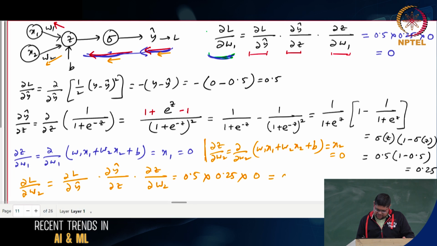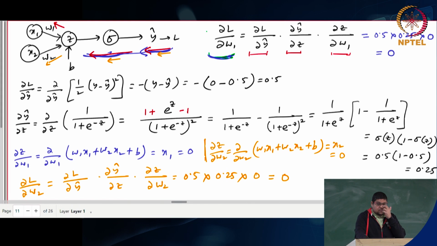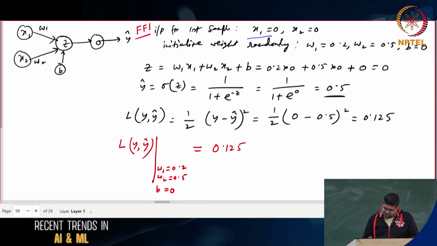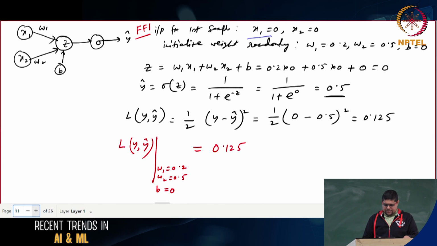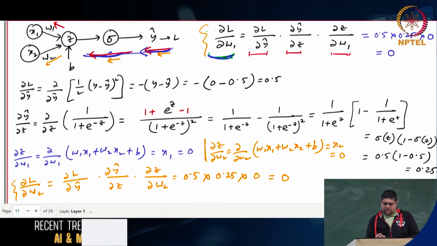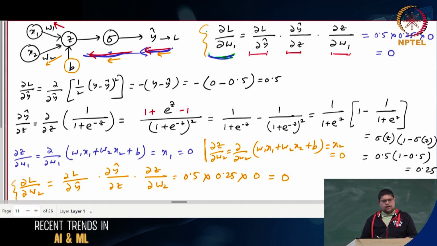So here also I am getting 0. Previously W1 was what? 0.2, 0.5. Okay. I will come to the weight update formula a little later, but you can see here also 0. This one is also 0, and this one is also 0. So our savior will be this bias.